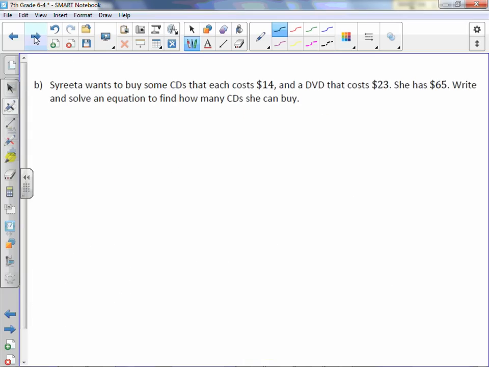Letter B. Sarita wants to buy some CDs that each cost $14 and a DVD that costs $23. She has $65. Write and solve an equation to find how many CDs she can buy. So let x equal number of CDs.